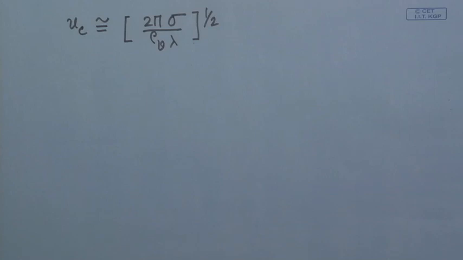Now, this relative velocity has been calculated from the Kelvin-Helmholtz instability and from the wave theory. There is another way of calculating the relative velocity. We can calculate it by physically estimating the vapor velocity, which is in the upward direction, and the liquid velocity, which is in the downward direction.